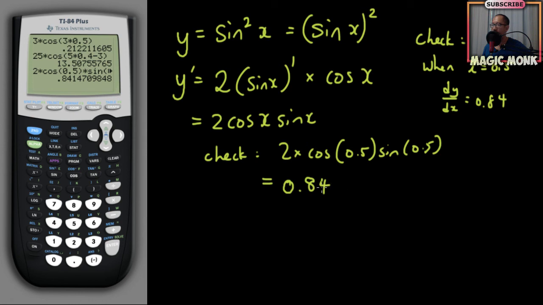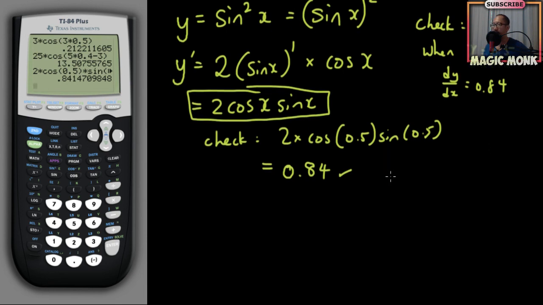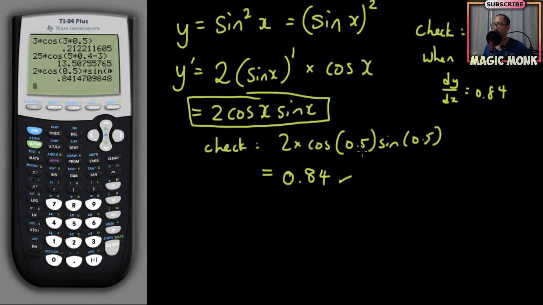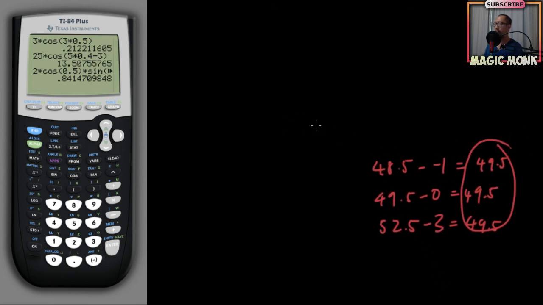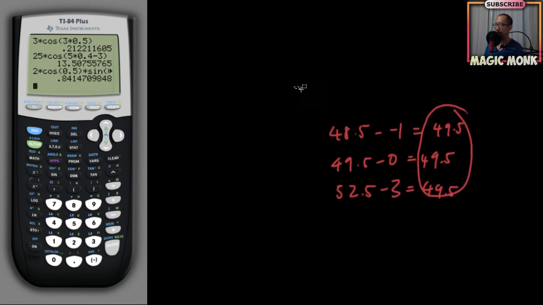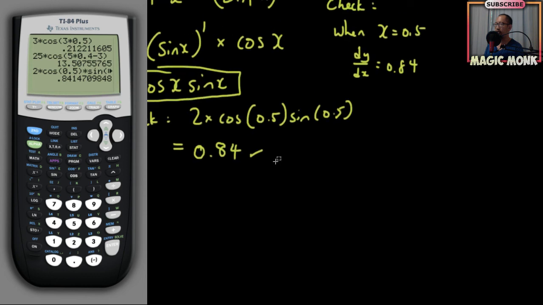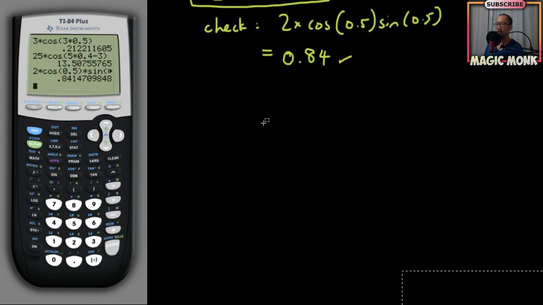Again, so that's correct. So this is the correct answer if you want to differentiate sine squared x. Similarly, I can give you sine x to the power of anything. I could give you sine to the power of 5x.